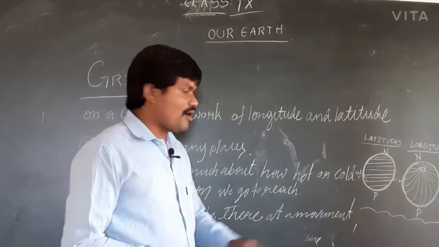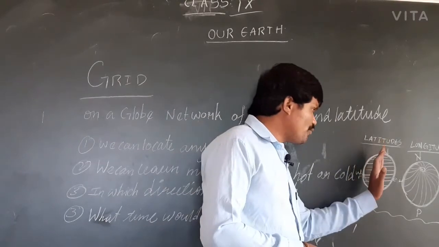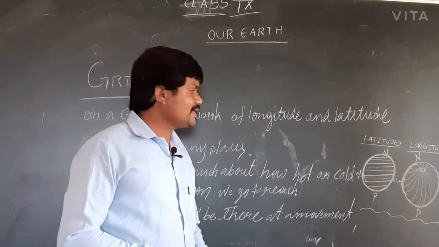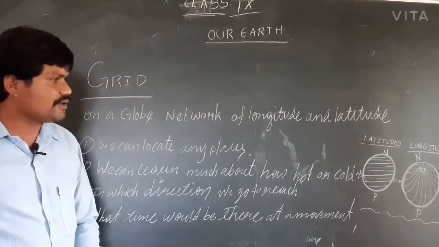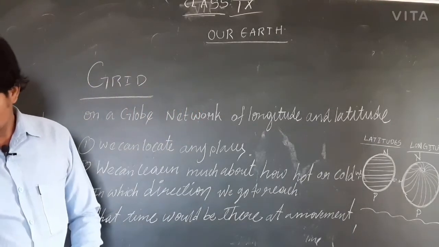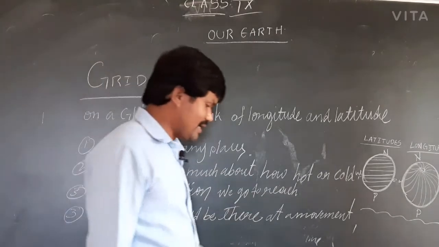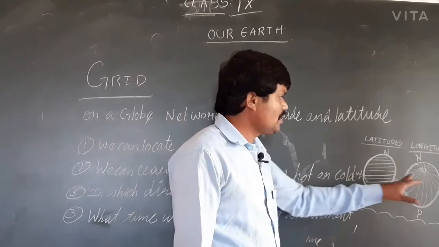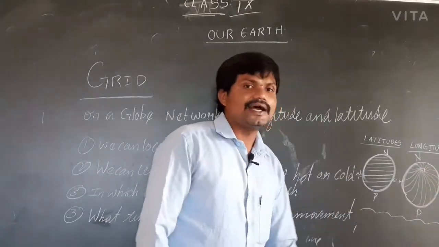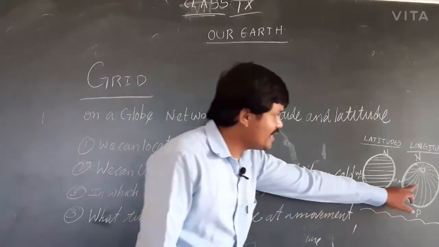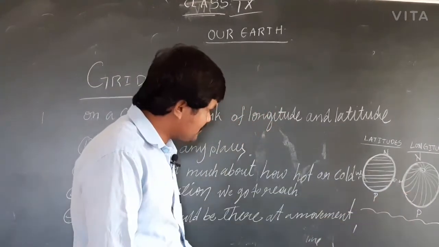There are exactly 181 latitudes. Second one is, 360 longitudes are there.